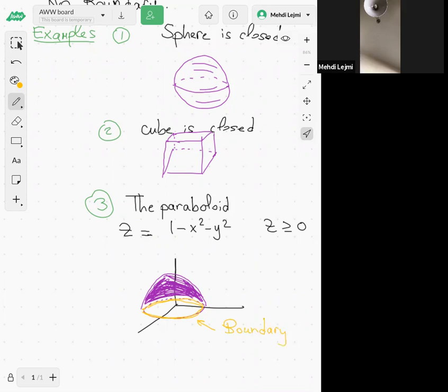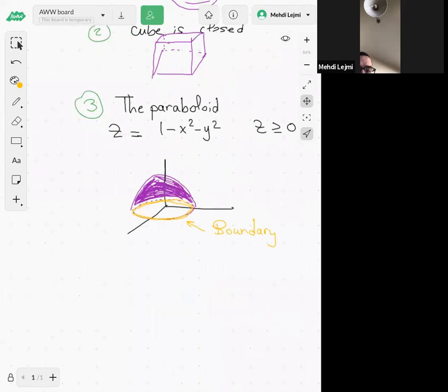If this surface was closed, then the disk, which is the surface inside the circle, would belong to the surface. So this S is not closed because it has a boundary.